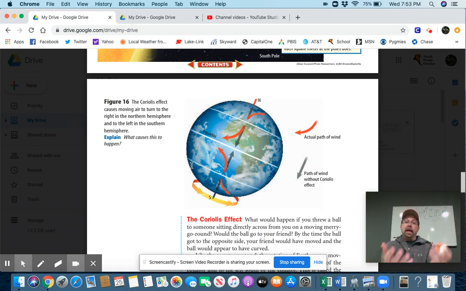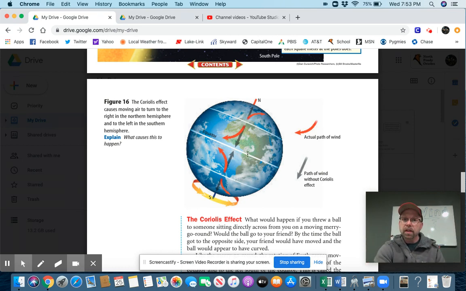The same thing happens with the Coriolis effect in air and water on the Earth. The Earth is moving, the Earth is rotating, it's spinning, right? So when the air hits the surface, the earth underneath the air is moving.